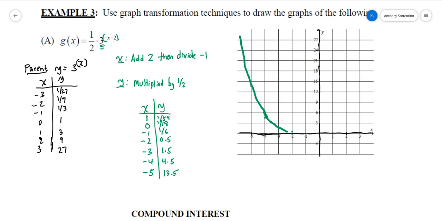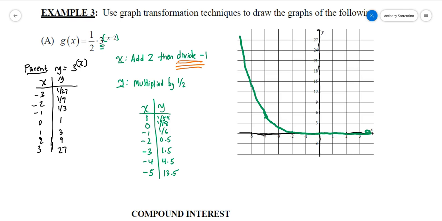Now notice, one of the things I wanted you to key on here, I had a positive A value, but this is a decay. But the reason why it's a decay is because the x coordinate was multiplied by a -1 at some point up there, which causes me to divide -1.